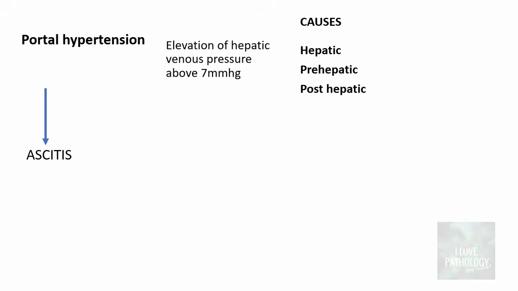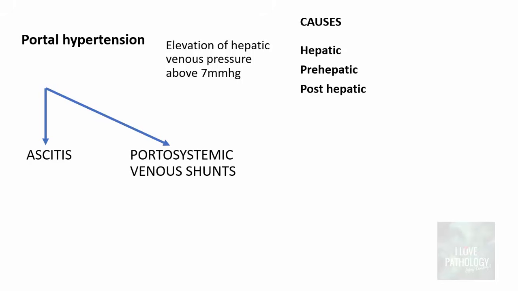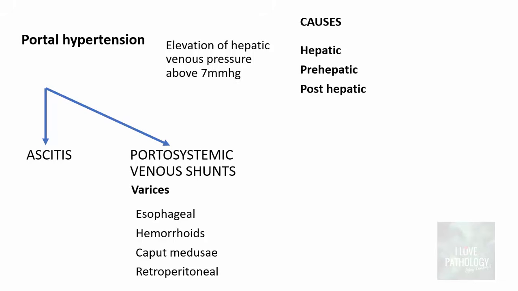The sequelae include ascites, where there is accumulation of fluid in the peritoneal cavity. The second one is portosystemic venous shunts, which means these patients present with varices, and these varices could be esophageal varices, hemorrhoids, caput medusae, and retroperitoneal varices. What is important to note is that esophageal varices are the most dangerous. These patients can present with massive hematemesis.